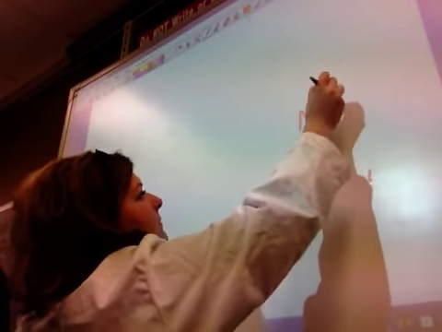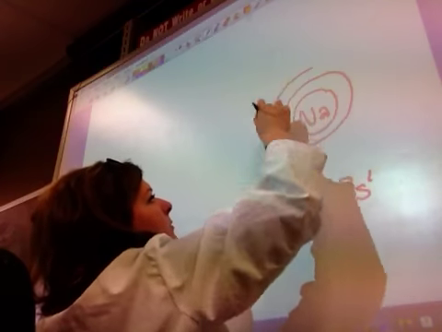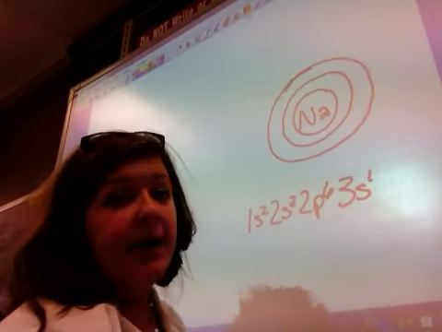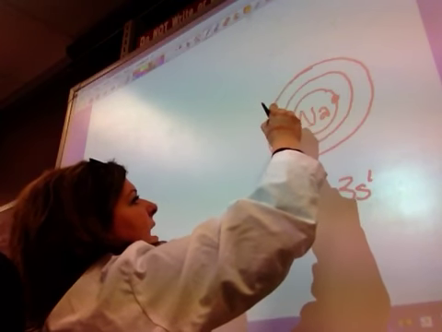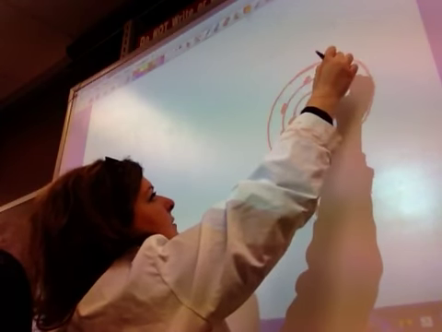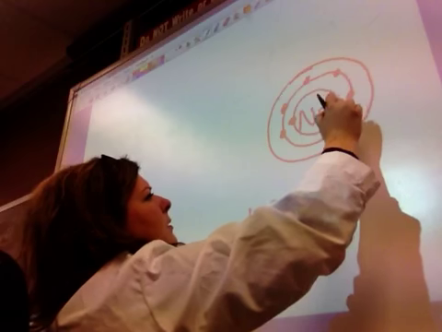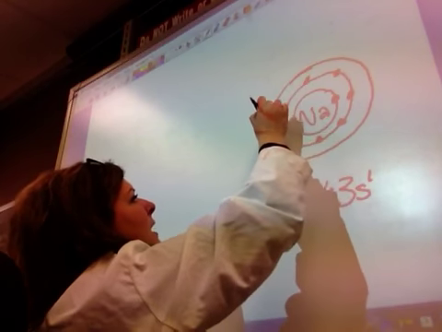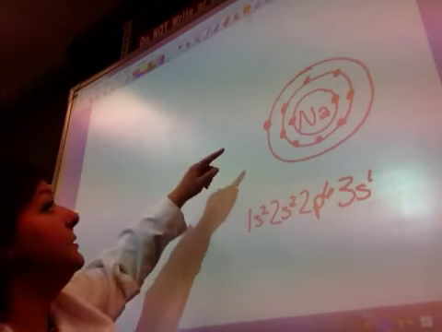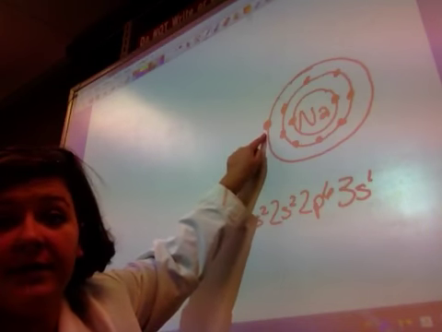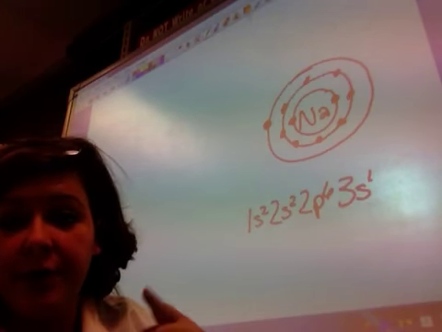I have Na, it's in the third row, so it's going to have 3 rings, 2 electrons on the first ring, 8 on the second, 1 on that outer ring. So that means that sodium has 1 valence electron.